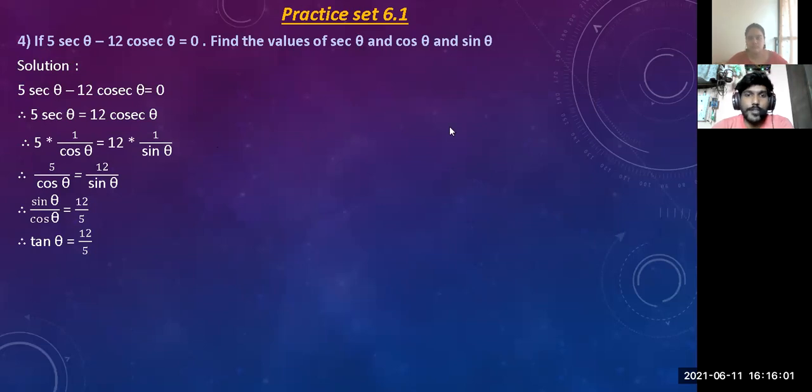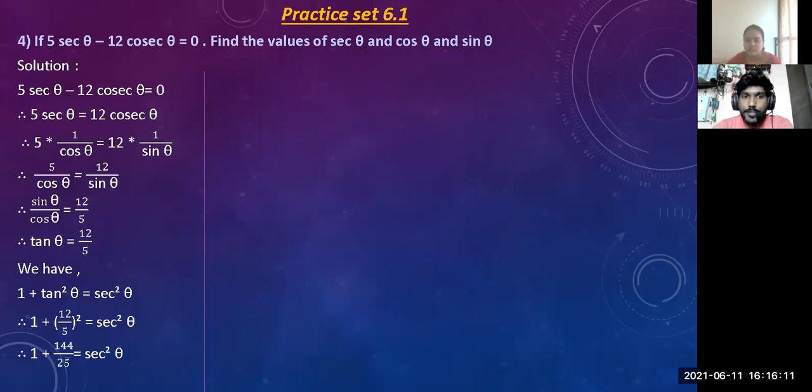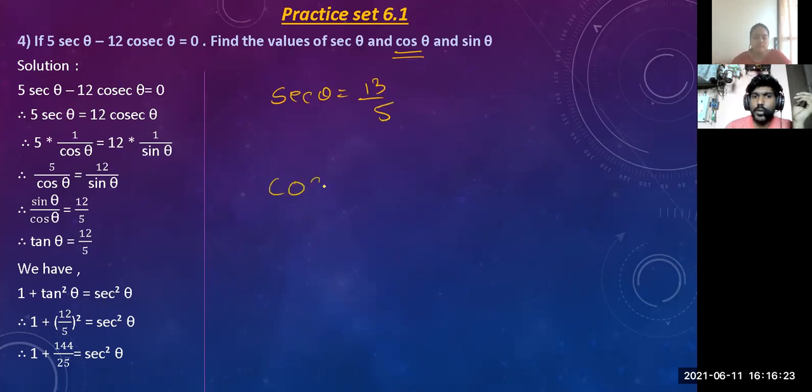Yes, correct, 13 upon 5. So sec theta is 13 upon 5. Now you have to find out cos theta. You got sec theta to be 13 upon 5. How to find out cos theta? 5 upon 13, yes, reciprocal. Write the formula: cos theta is 1 upon sec theta. Therefore, cos theta will be 5 upon 13.